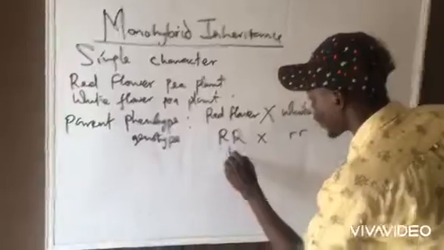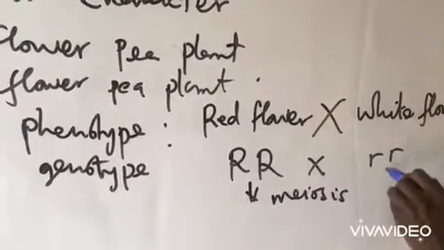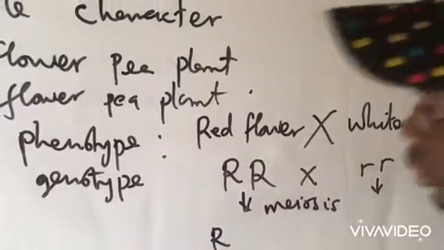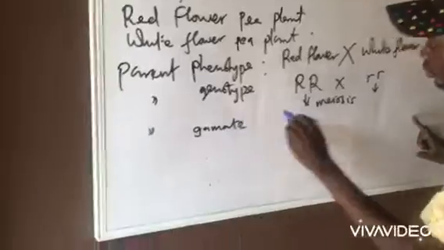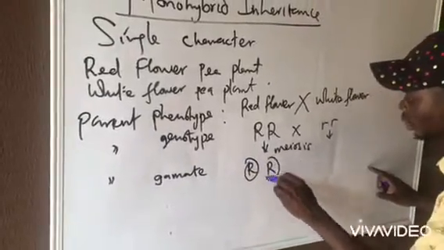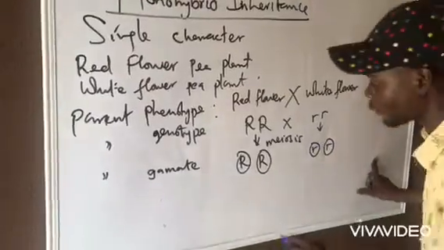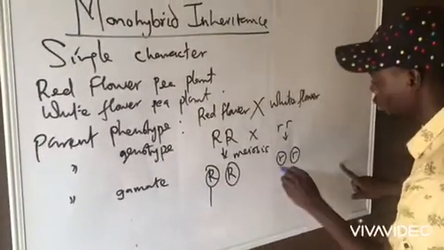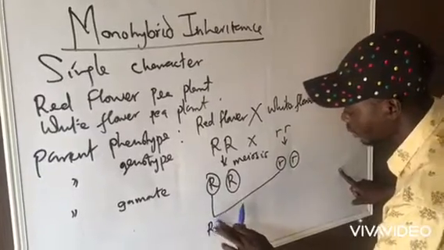so the genotype carries out meiosis. We have meiosis, and they produce the gamete. That is the parent gamete. That is the gamete. And after that, there is fertilization from this gamete.